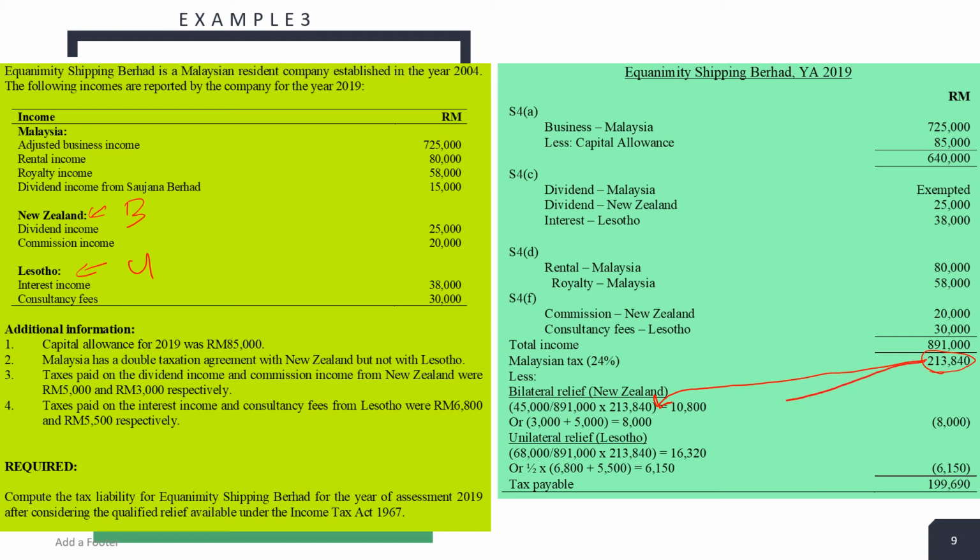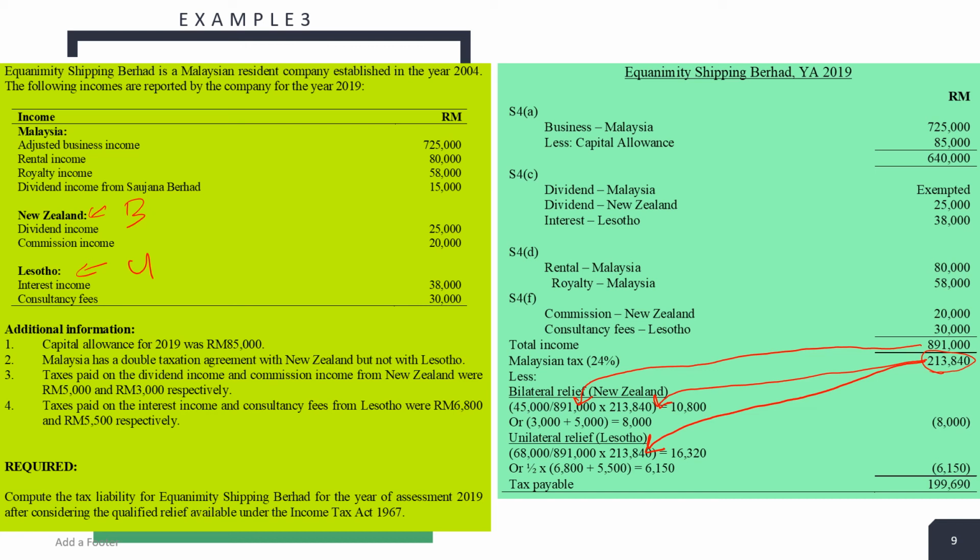Alright, so this one is the Malaysian total tax. We want to know, for New Zealand only, the portion of Malaysian tax on the New Zealand income. That is why I need total income, 891,000, which comes from here. This one is the total income, this one also the total income. 45,000 is the foreign income. Bilateral should be the SI, foreign income SI.